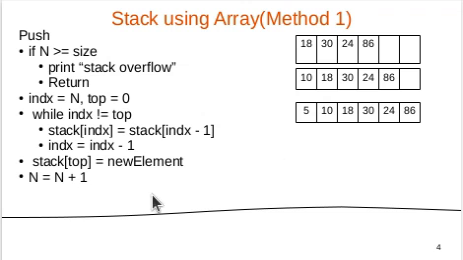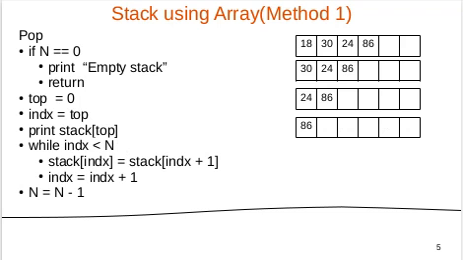Now if we want to insert one more element, it will go into this if condition. n is greater than or equal to size, n is equal to 6, size is equal to 6, so it will print stack overflow, then return from this function. So this way we can push an item in a stack from this end.